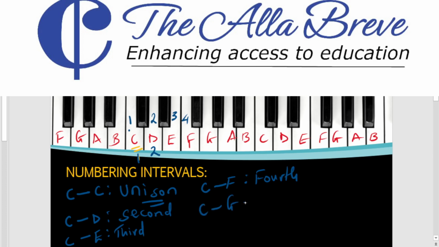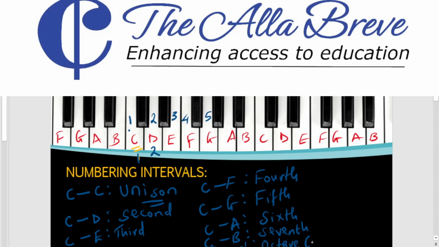C to G, your guess is as good as mine. G is letter 5 from C, a fifth. C to A will be a sixth. C to B will be a seventh. And C to high C will be what we call an octave, written as 8VE, octave, from the lower C to a higher C in pitch.